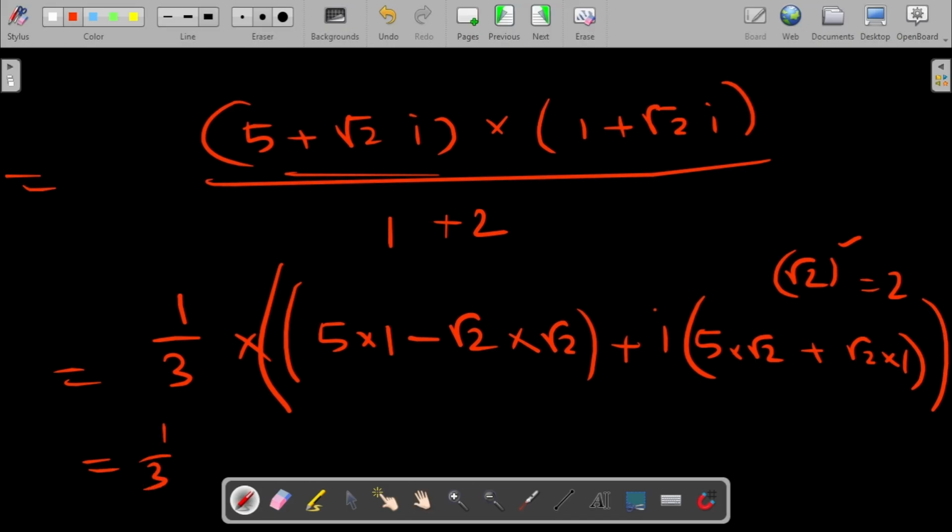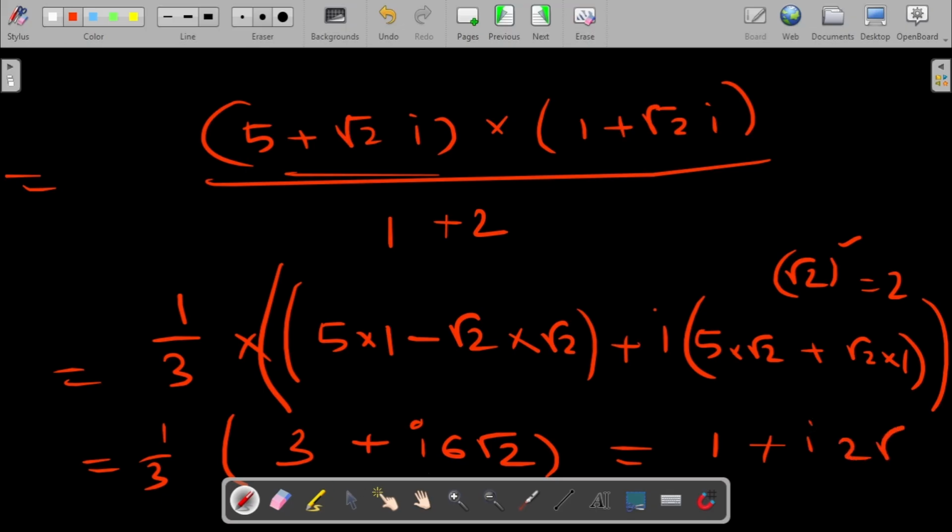1 by 3, and here 5 square root of 2 multiplied by square root of 2 gives 2. So 5 minus 2 equals 3, and here 5 square root of 2 plus square root of 2, so 6 square root of 2 i. And if I divide by 3, then 3 divided by 3 is 1, and 6 divided by 3 is equal to 2.